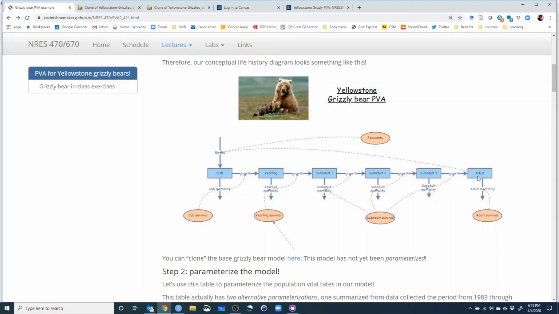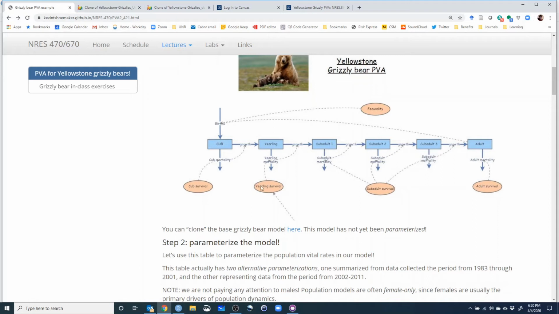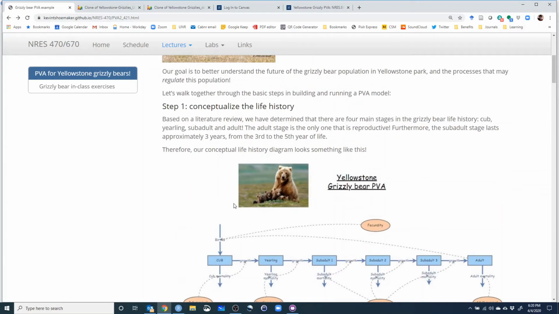And only those reproductive adults are capable of contributing new offspring into the population. And there's a certain survival rate that's going to be associated with cubs, yearlings, subadults, adults. So it's a fairly simple model, but also fairly realistic. So that's the first step, is just to conceptualize the life history.